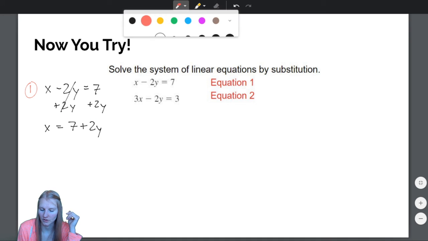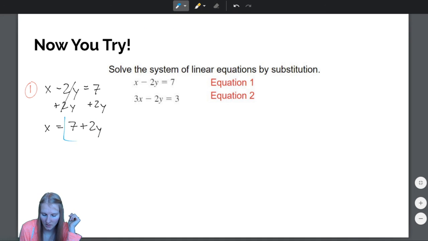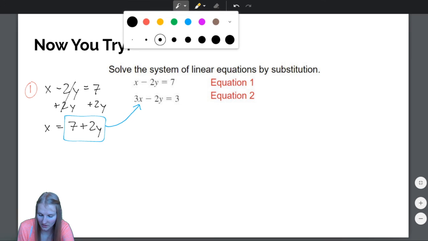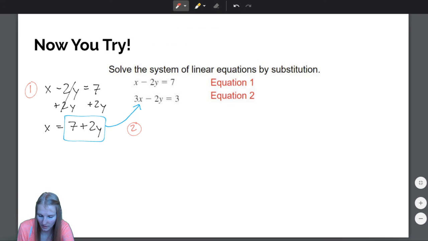Now what we're going to do is we're going to take whatever we got for x and plug it in to the other equation. So we have, and this is equation number 2 that we're working with, 3x minus 2y equals 3. And I left some space because we're going to replace x with 7 plus 2y.